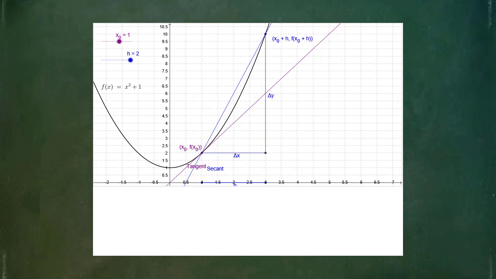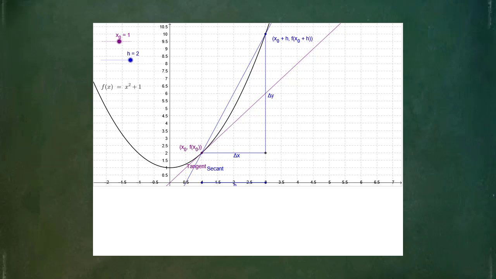So I'll try and use this visual to help you guys see exactly what's going on. So notice we have an x, delta x that's down here for our change in x, and then we have our change in y, delta y, that goes vertically, and then we have our ordered pair up here that is that x plus delta x idea.